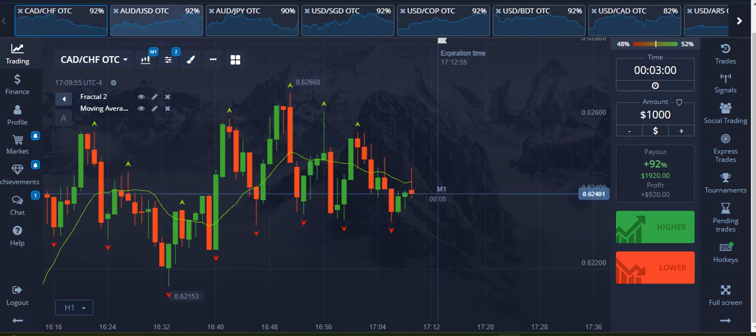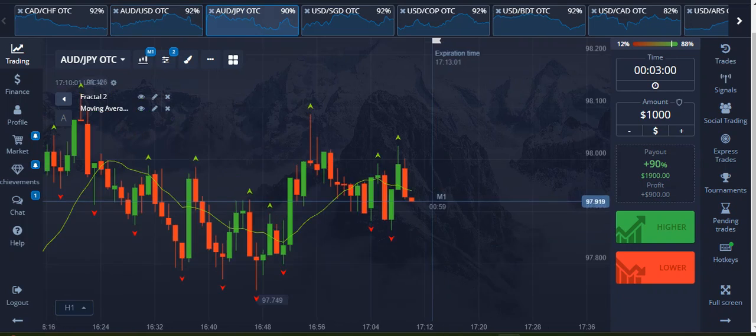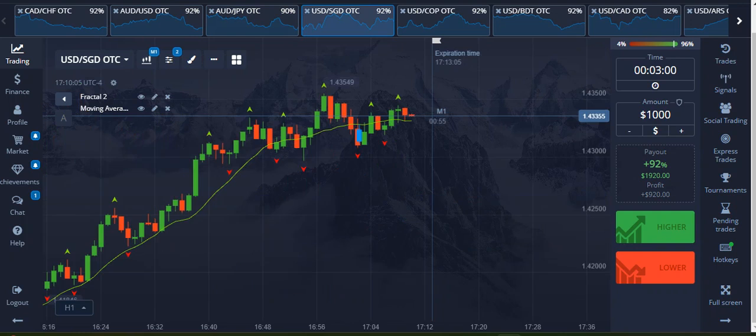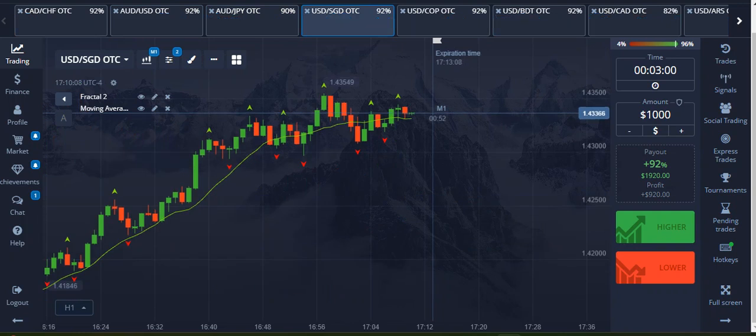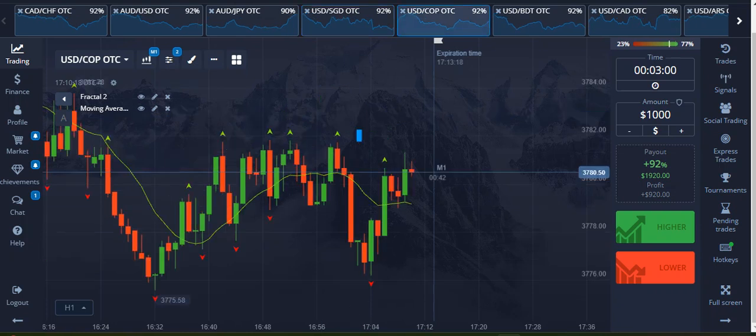Let's see if we can find something that, we want to stay away from this. It's kind of ranging very tightly here, so let's, okay.